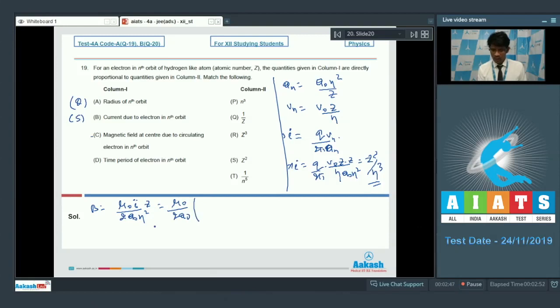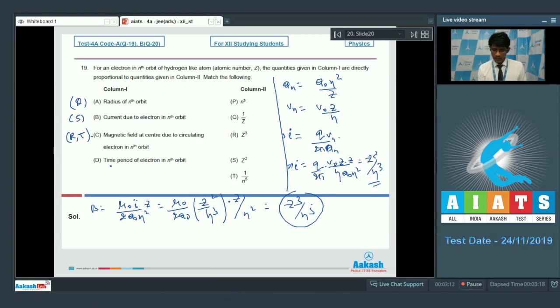I'm just writing down the proportionality term. It is z square divided by n cube, and further it is multiplied with z and n square. So I would say it will be proportional to z cube divided by n5. Now for option C, R is the correct matching, and yet again option T is also the correct matching.